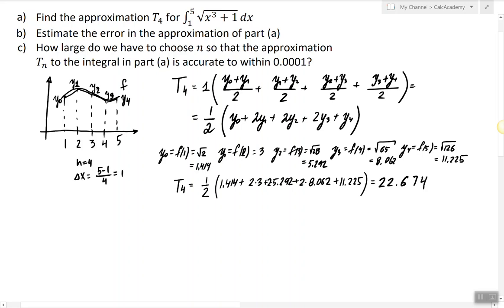So this is the trapezoidal approximation of the area using 4 intervals.